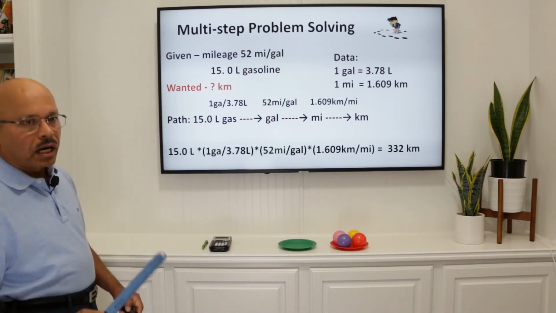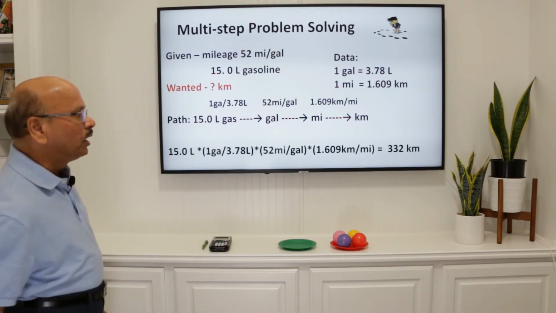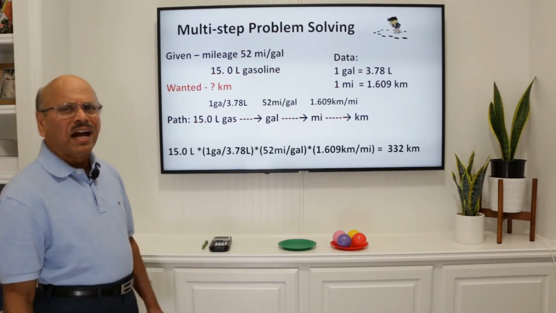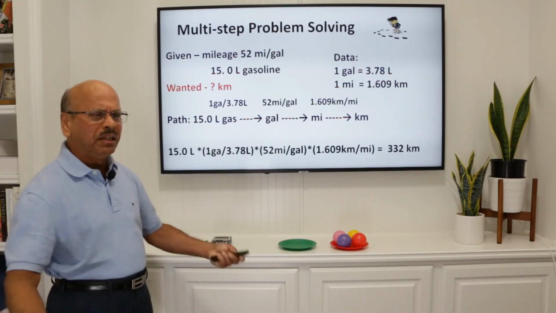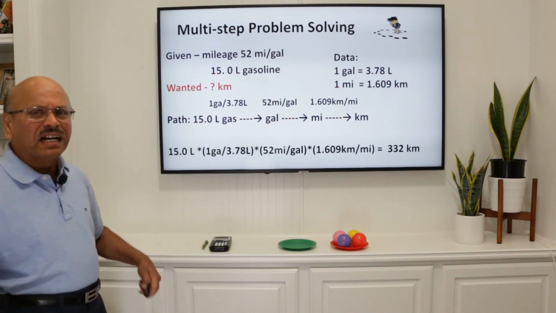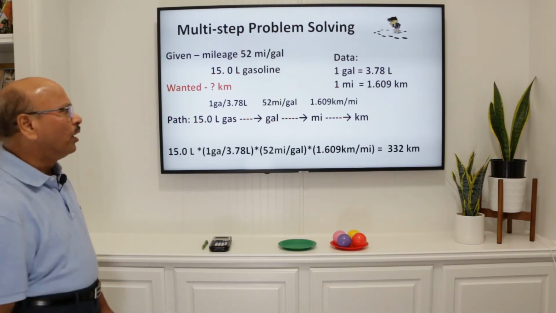So we are going to cut at the third significant figure, and in this case you are getting 332 kilometer from the calculation. I think you got the idea. It's just a basic idea of analyzing the problem and then coming to the correct conversion factors to go from the given to the wanted.